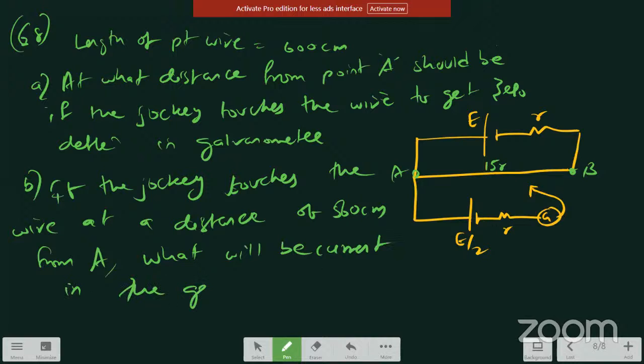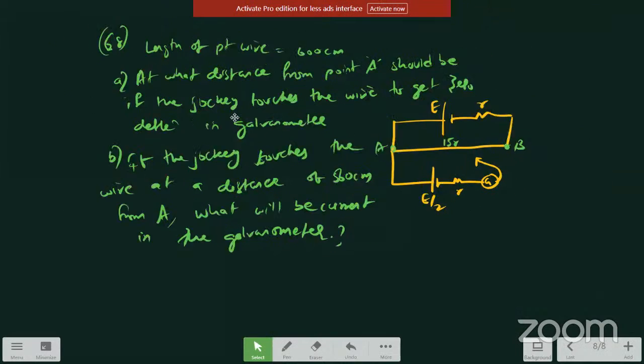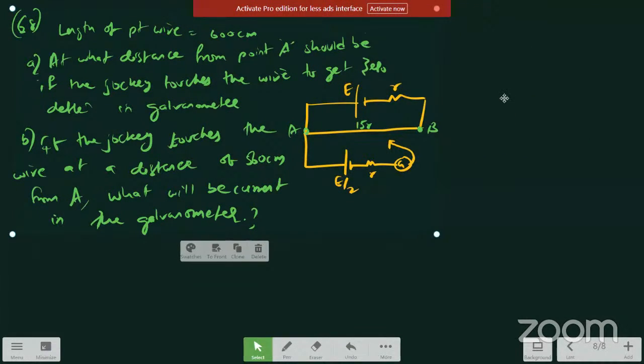Wonderful question. I hope most of you will face difficulty in the second part. Of course, I have to explain the question also. No one will memorize the question. This is the wire, the length of the potentiometer wire is given. So we have to find both the answers.